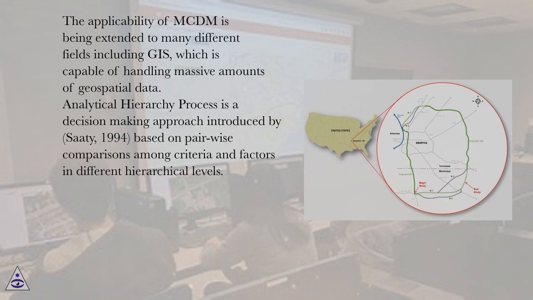The applicability of MCDM is being extended to many different fields including GIS, which is capable of handling massive amounts of geospatial data. Analytical hierarchy process is a decision-making approach introduced by Saaty, 1994, based on pairwise comparisons among criteria and factors in different hierarchical levels.